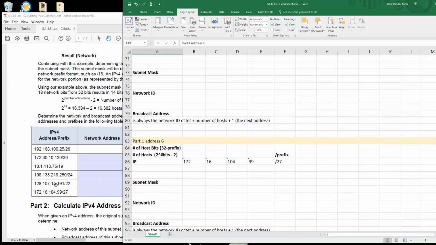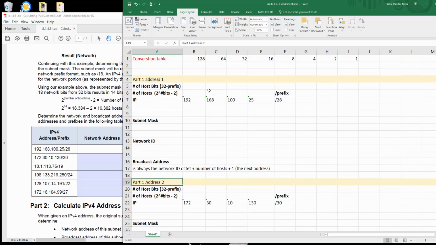There are these 6 addresses right here. And all I did is put the IP addresses in this first spot, and then I'm going to fill in the rest and show you how I do that. This conversion table, I put this up here because this is how I calculate binary or decimal to binary.